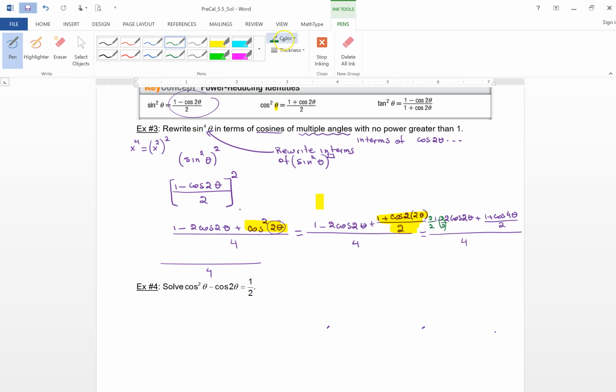So what do I get now? I have 2 minus 4 cosine 2 theta, to make a common denominator, plus 1 plus cosine 4 theta, all over 2.